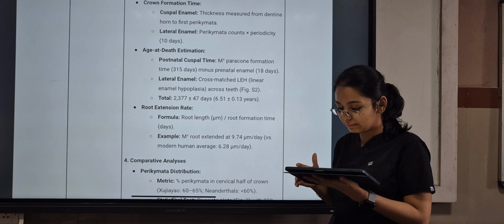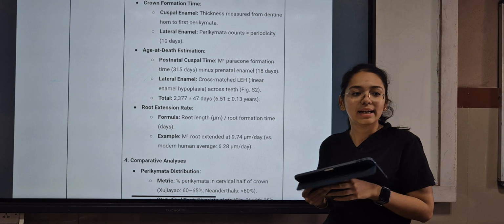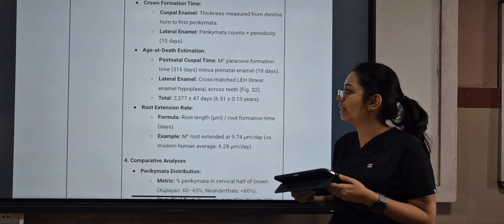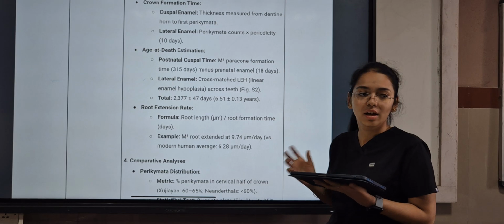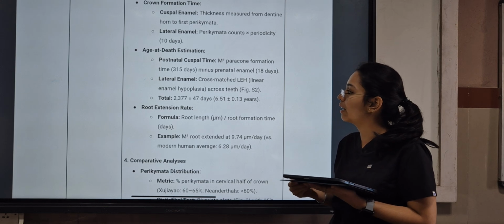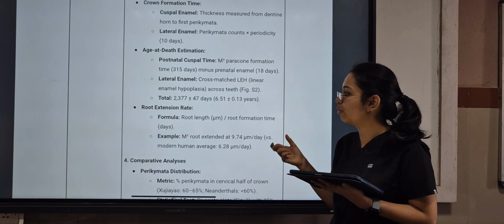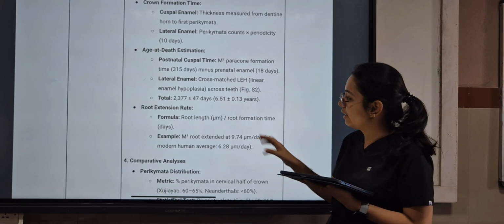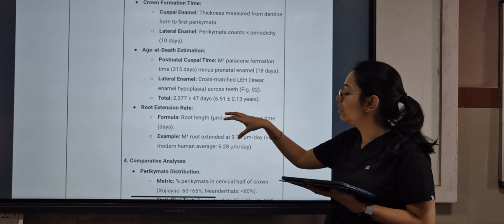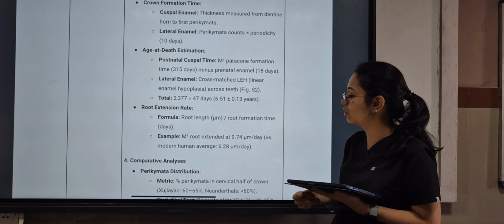The postnatal cuspal time, that is the molar 1 premolar formation time of 315 days minus the prenatal enamel formation of 18 days, was studied. And in lateral enamel, the linear enamel hypoplasia across teeth was studied. And totally the days were all studied, minus the 47 days, which was the formational period.